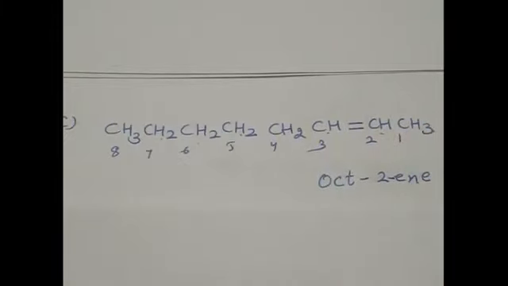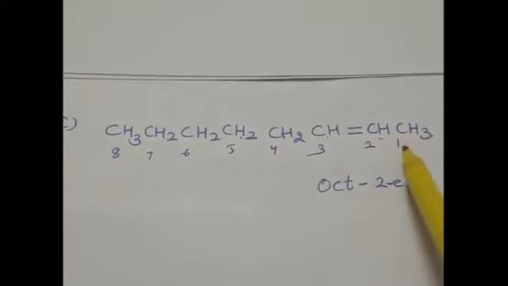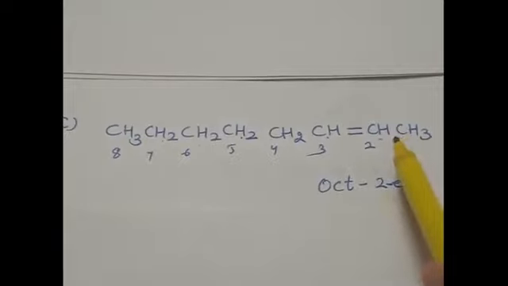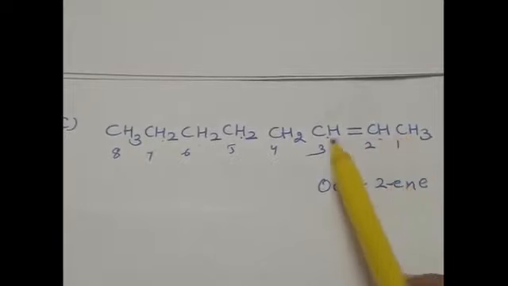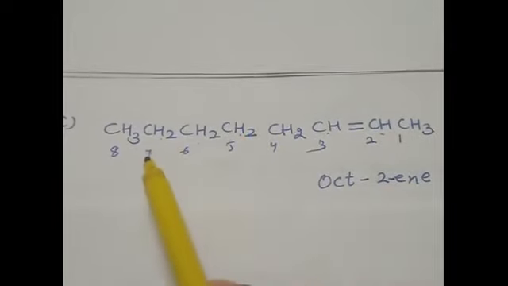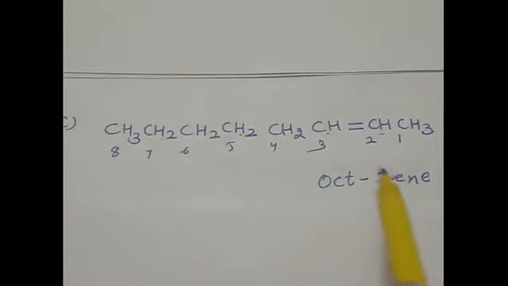So it's an octene, and we have to mention the position of the ene as well. So let us start giving numbers to the carbon atoms. The priority goes to the double bond: first, second, third, fourth, fifth, sixth, seventh and eighth. So it will be named oct-2-ene.